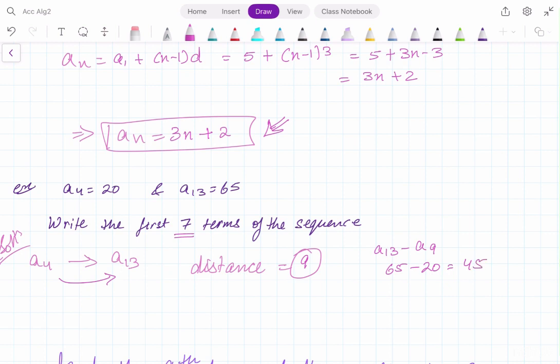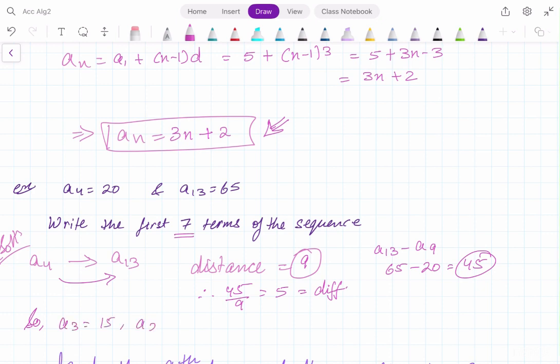Now, if I take the difference between the value of the 13th term and the value of the fourth term, I will get 45. So the distance between the fourth and the 13th term is 9, and we have the total value as 45. So 45 divided by 9, that means we are looking for a common difference of 5. Again, the difference between the values will be divided by the distance.